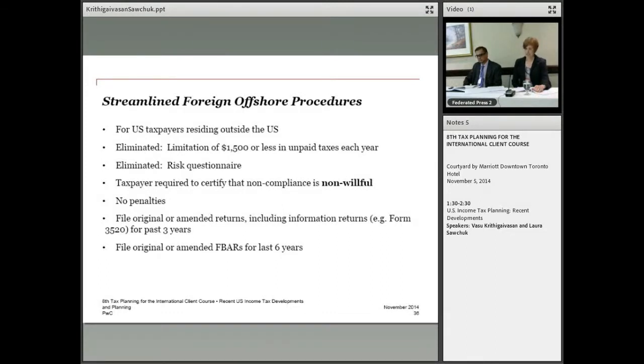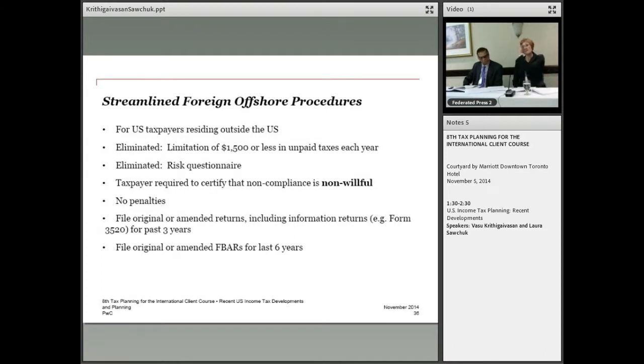To meet the non-resident foreign offshore requirements, you have to have failed to report income on a foreign financial asset or have failed to file a foreign bank account reporting form, and your non-compliance must be due to non-willful conduct. And we'll talk a little bit later about what non-willful conduct is.